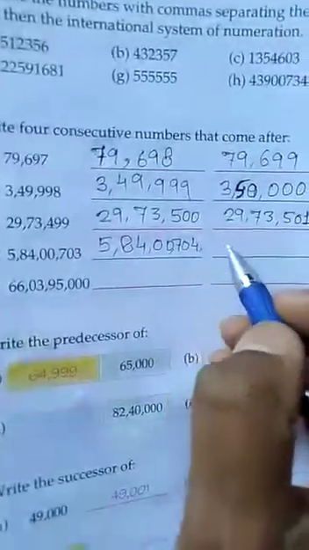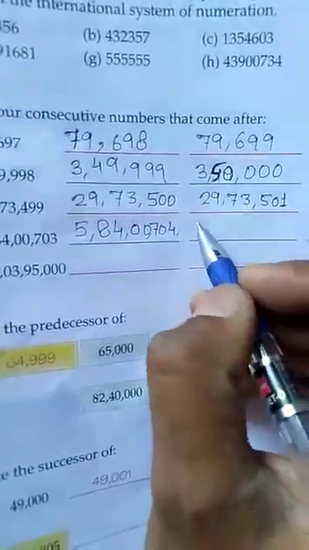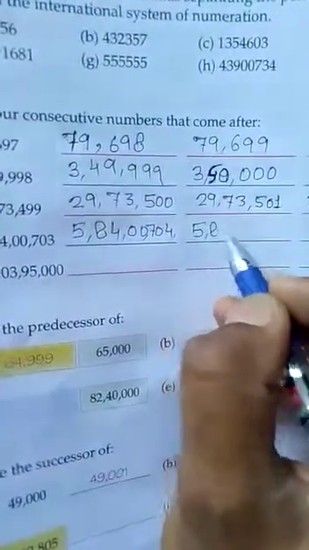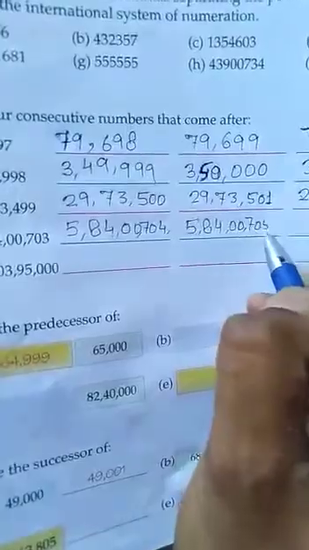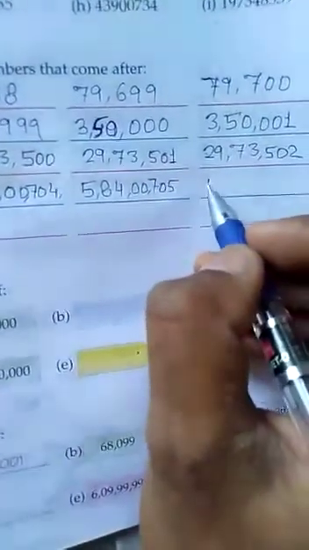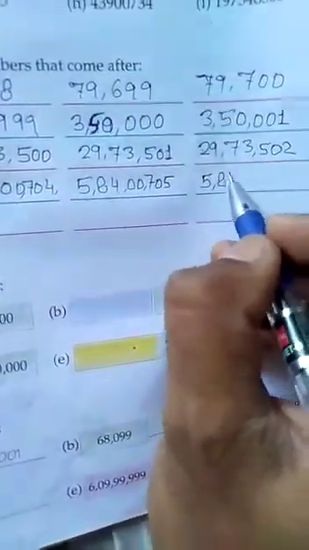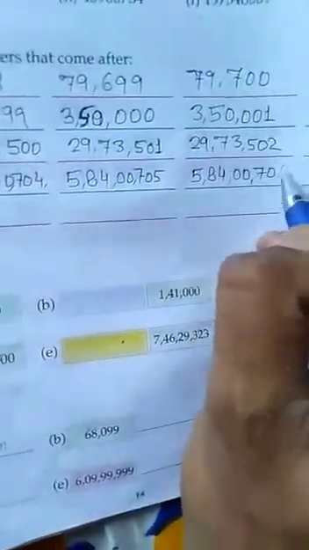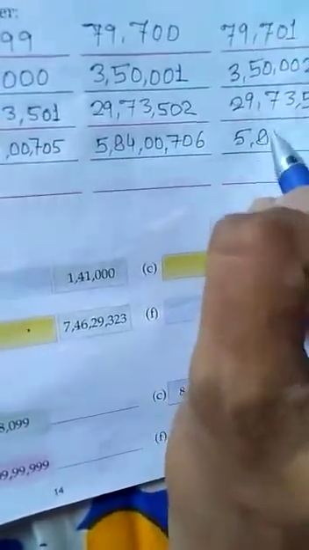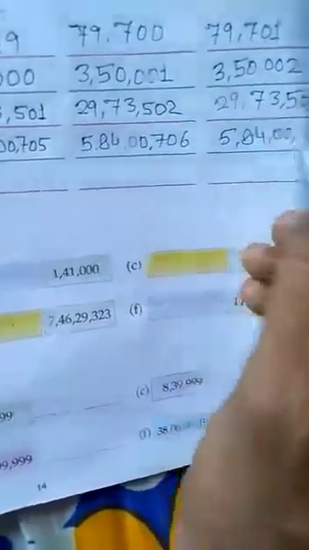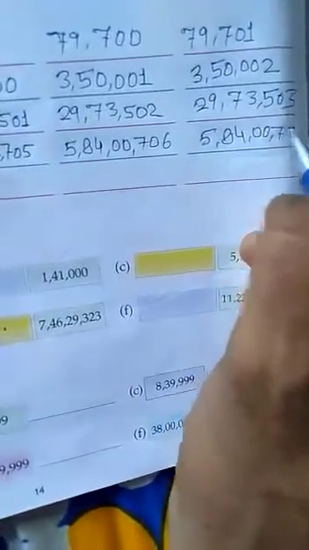Again we will add 1, so we will get 5,84,705. Same as 5,84,706 and last 5,84,707. I hope you understand well.